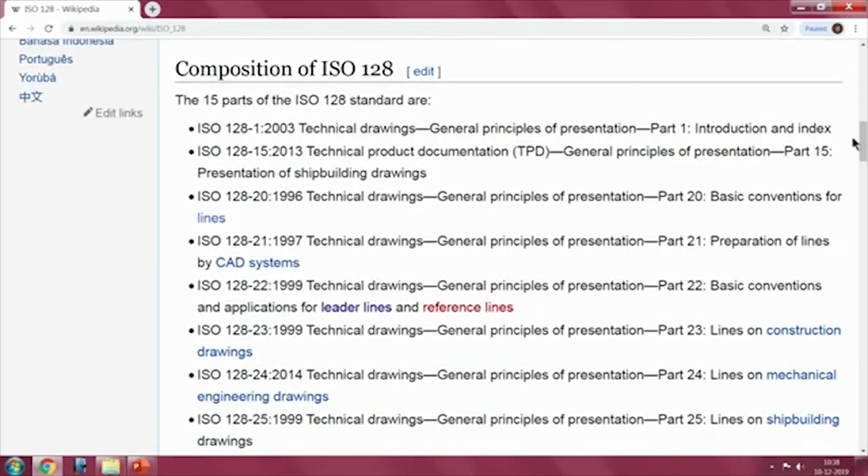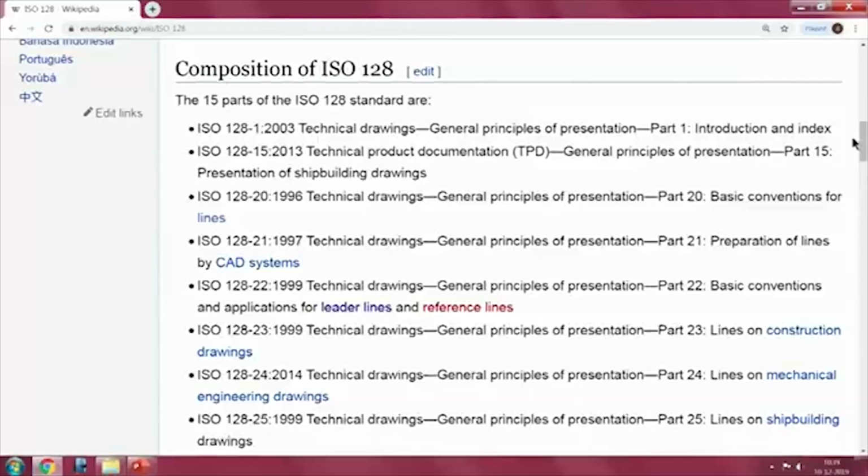So, this ISO 128 incorporated what was done by DIN, Deutsche Industrienormen, and VSM, that is the French and Swiss norms. Then we have ANSI, the American standards, and also the British standards regarding drafting practices.